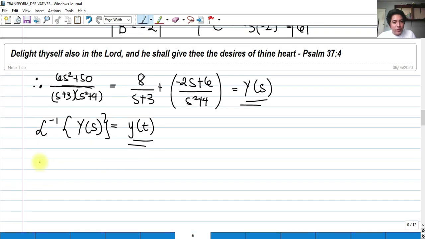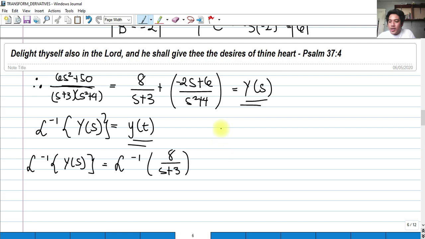So the inverse Laplace transform of Y of s: we have the inverse Laplace of 8 over s plus 3, and then plus the inverse Laplace of negative 2s plus 6 all over s squared plus 4.